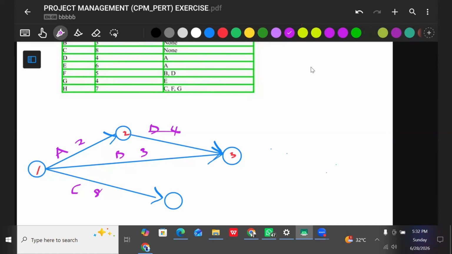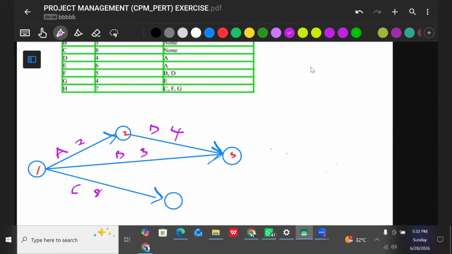Where is it going to stop? Is it going to link up with previous activities that have started before D began? So we have our D drawn this way, and we said D is 4 months.